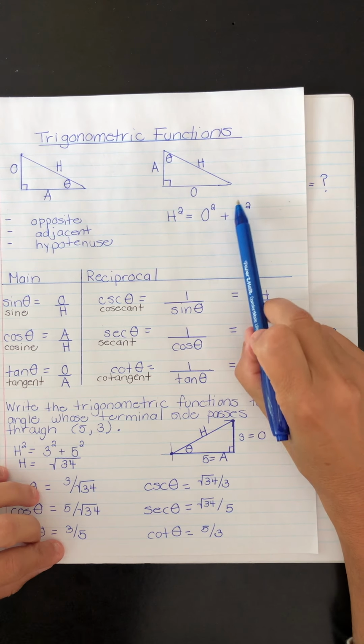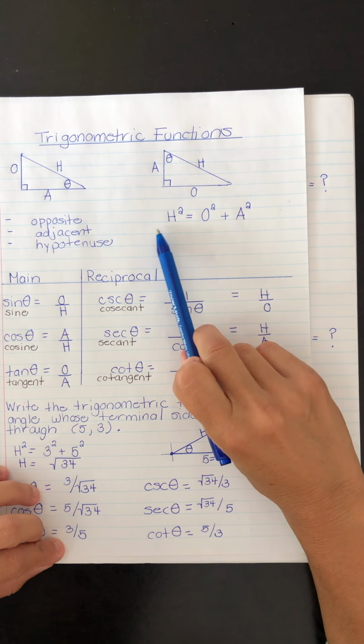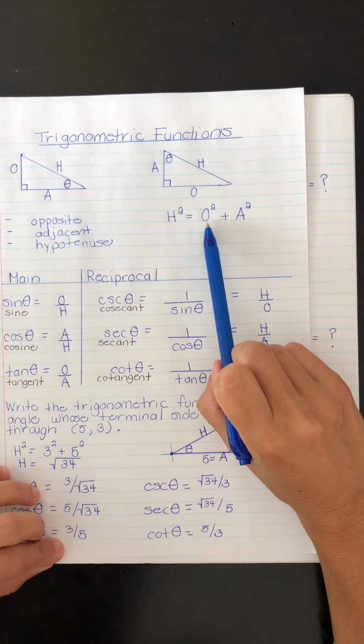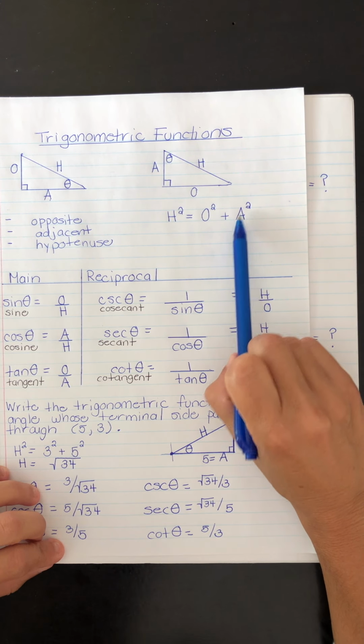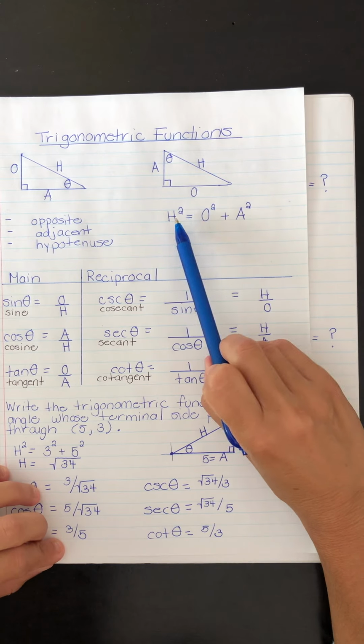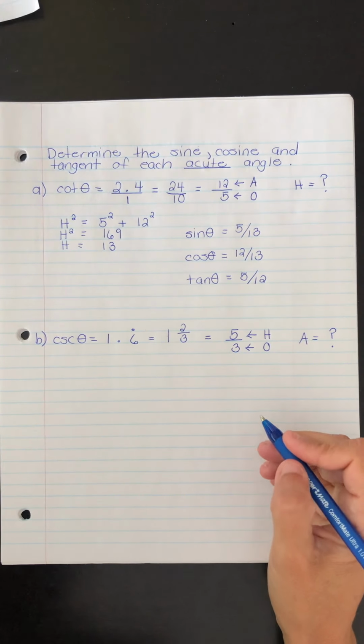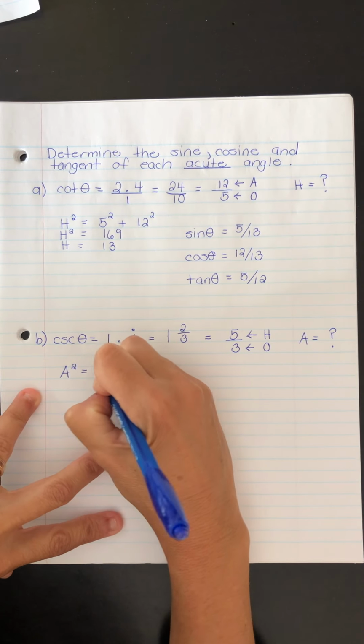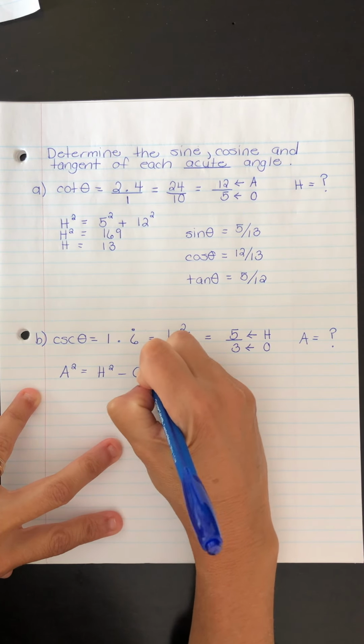If we want to figure out the adjacent side length, we're going to still use the Pythagorean Theorem, but of course we're going to have to be using subtraction. So a squared will be h squared minus o squared. Like this.